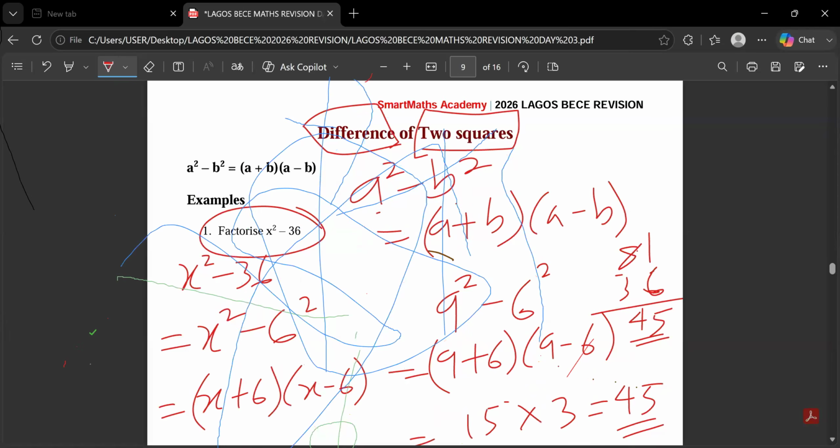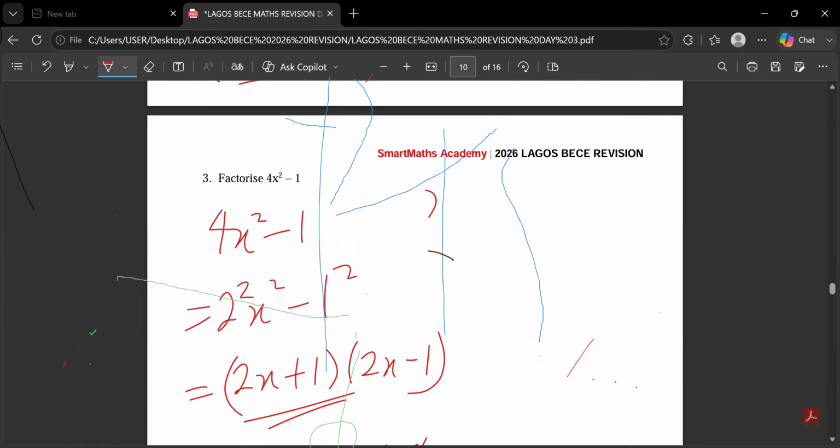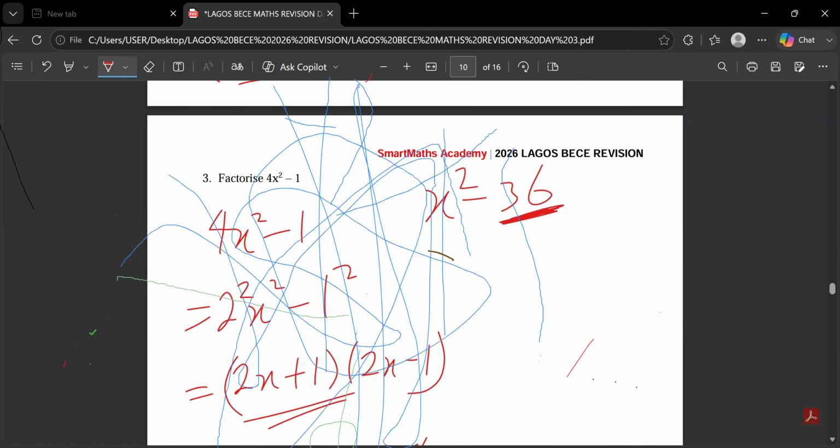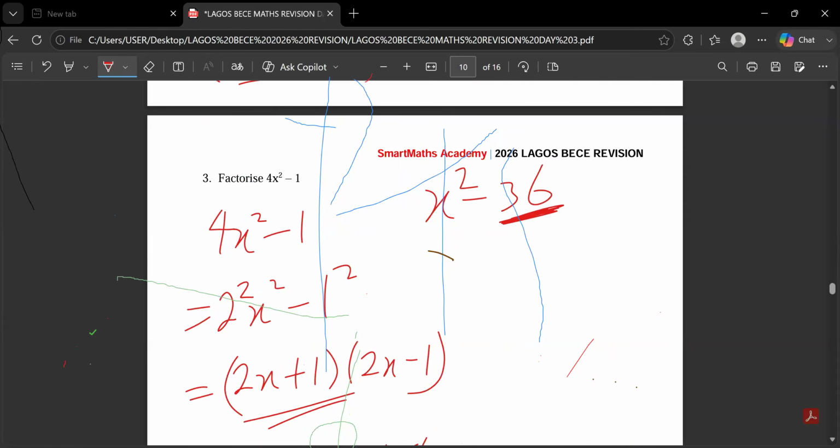Let me come and solve it here. X squared minus 36. This 36 here is a square number. You can write it in an index form, which is 6 times 6. 6 times 6 will give you 36. Yes or no? Yes, sir. Okay, good.